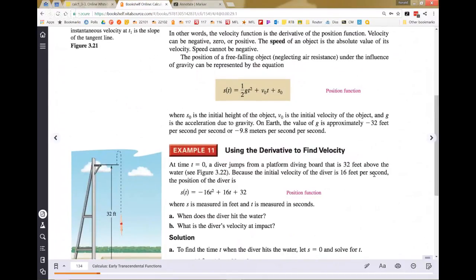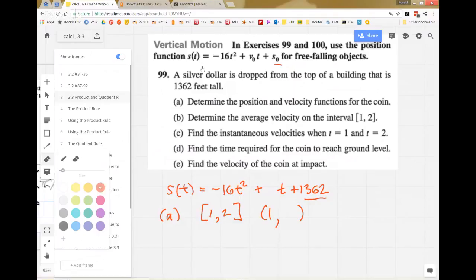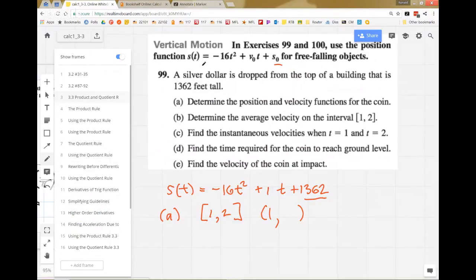So from this problem right here, that's the v0. Let me come back. We'll redo this. Let's put the 16 in here. Now we can figure out 1.